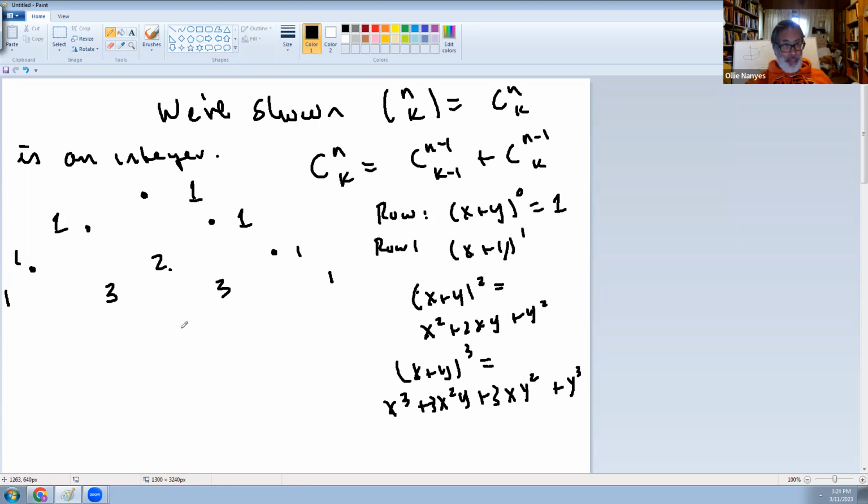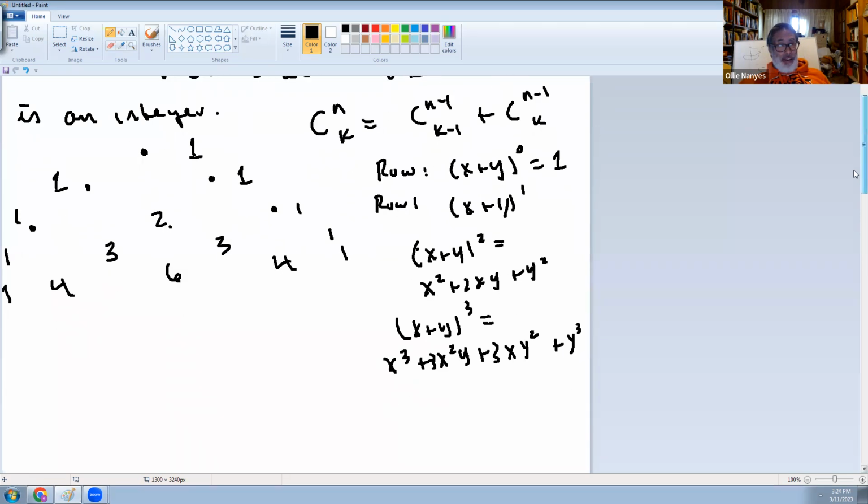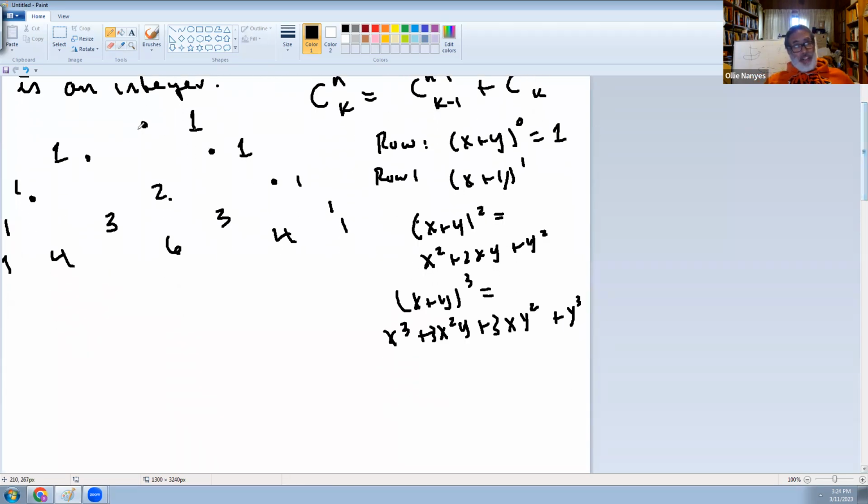Again, I ran myself out of room here, but that would be 1, 4, 6, 4, 1. We can see right here that this is a nice demonstration, this Pascal's triangle, which goes down, and you can make that go down as far as you want.